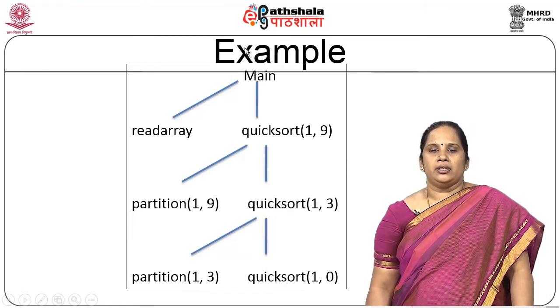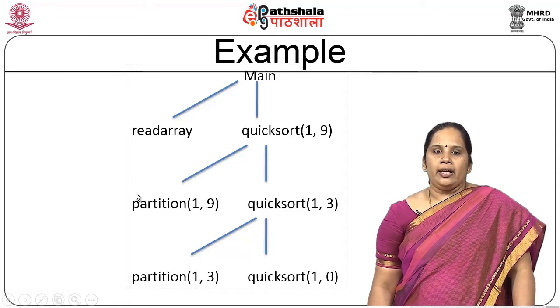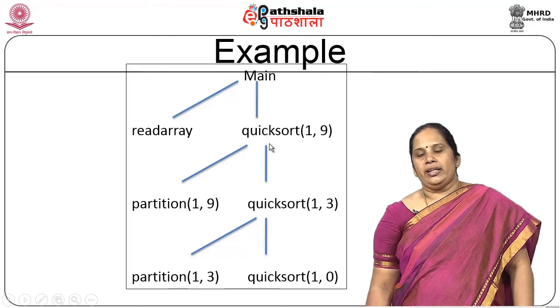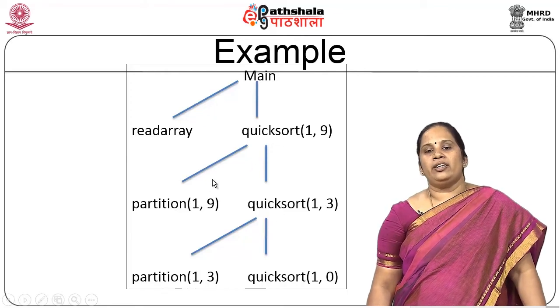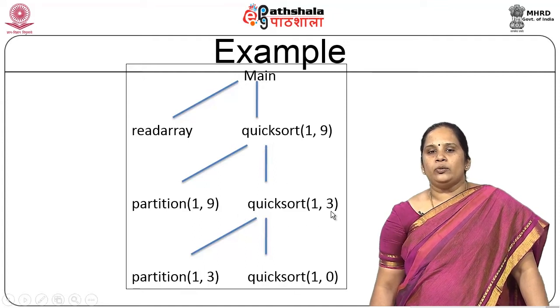So main is going to call quicksort with 1,9. Quicksort in turn calls partition with 1,9, and for example partition returns some index, say 4. In that case quicksort is called with the left side as 1,3.